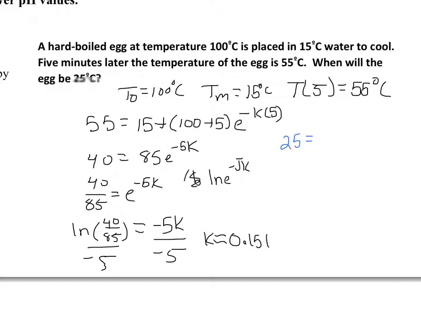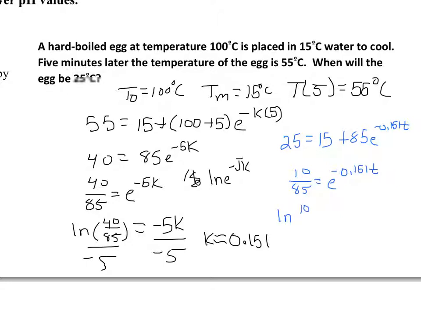So now that we have k, we can do this. 25 equals 15 plus 85e^(-0.151t). Subtract the 15, divide by 85, you would get 10 over 85 equals e^(-0.151t). Take the natural log of both sides.